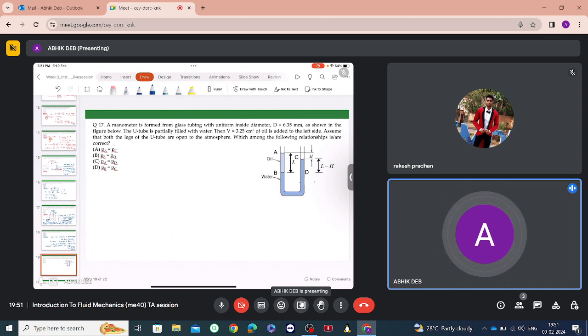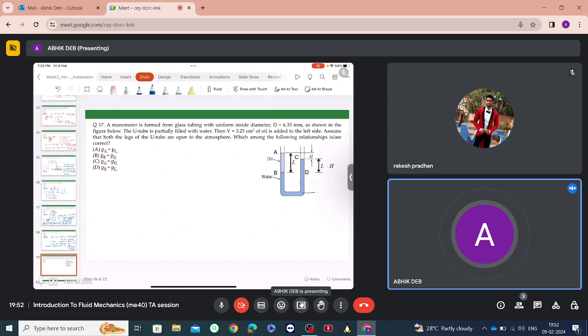A manometer is formed from a glass tubing with uniform inside diameter of 6.35 millimeter as shown in the figure below. So this is the diagram of a manometer which is used to measure the pressure or the pressure difference in the pipelines. The U-tube is partially filled with water.